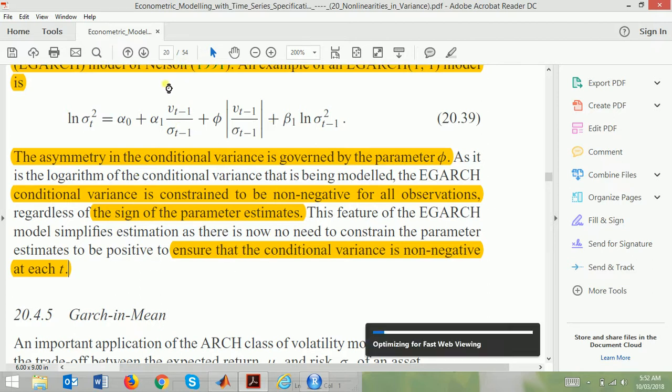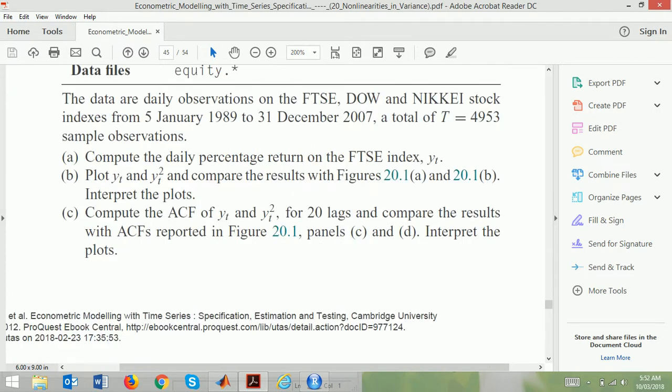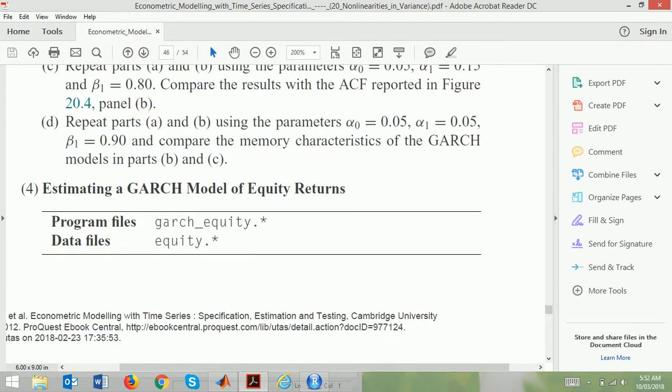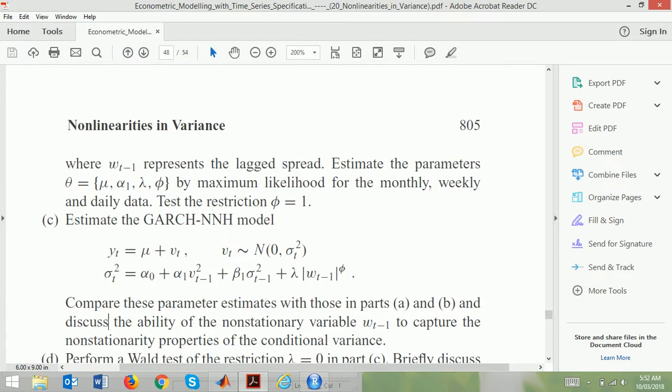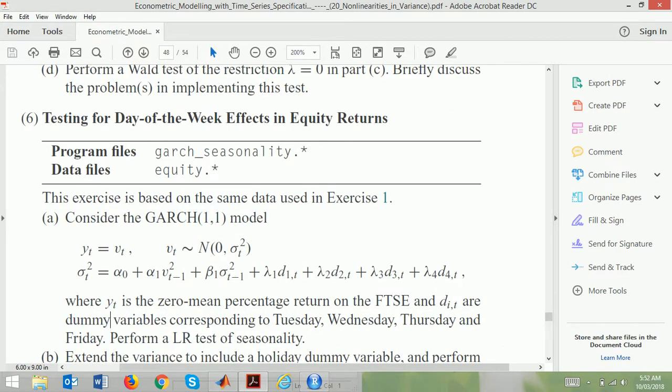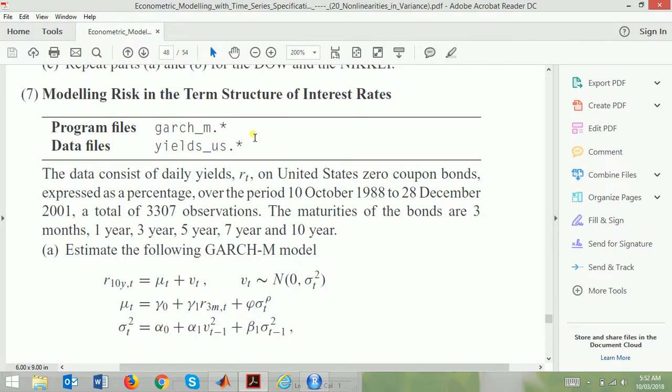So we're on page 20 and our problems are located on page 45. This is a big chapter. So we have solved up until 5, GARCH and GARCH. Okay, so testing the day of the week effect is the 6th problem. We can see if there is a day of the week effect.